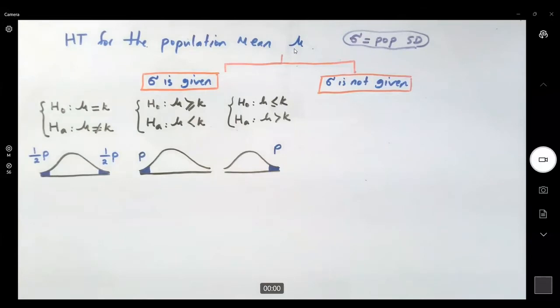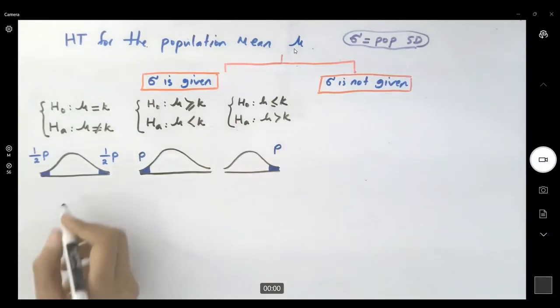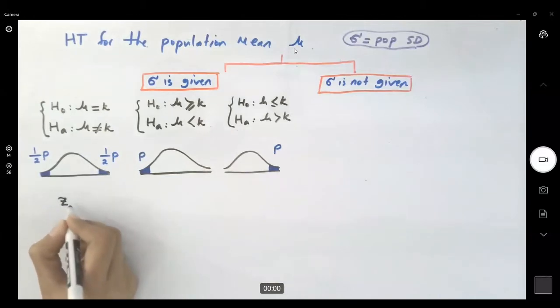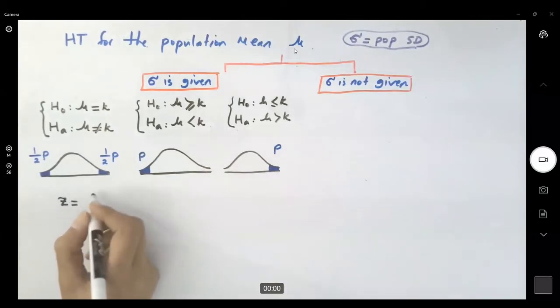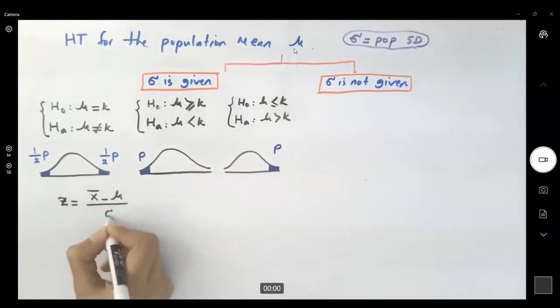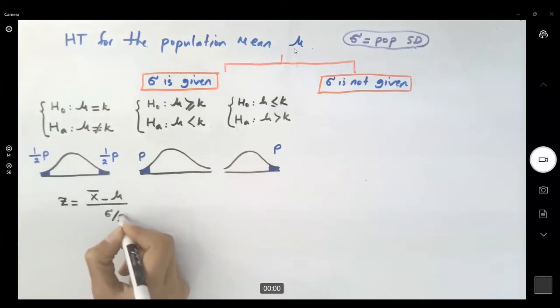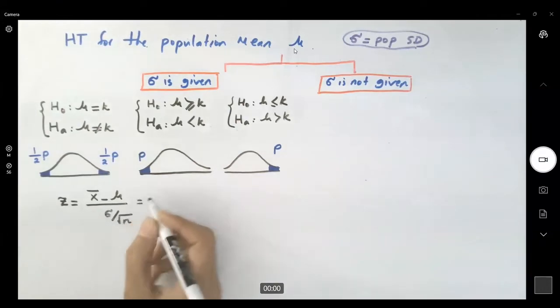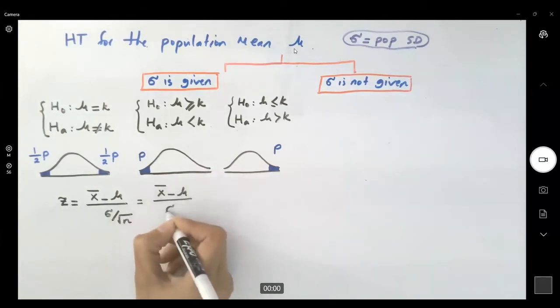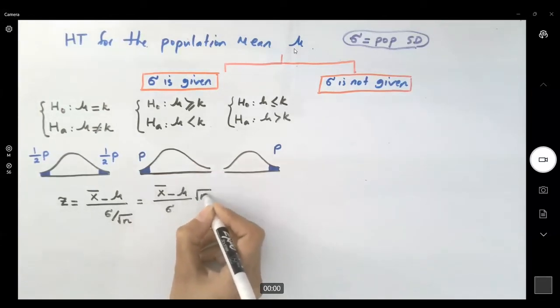In the next step, we're going to find z. Z, or the standardized test statistic, is x bar minus mu divided by sigma over square root of n. That can be written as x bar minus mu divided by sigma times square root of n.